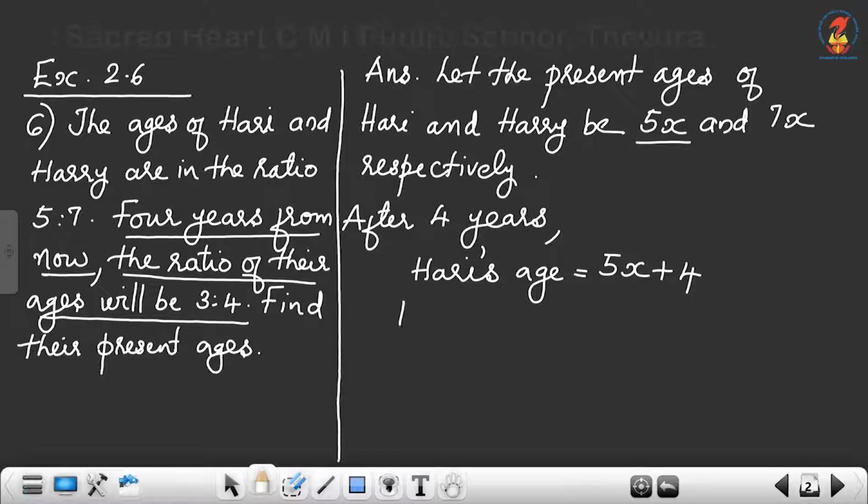Then similarly, the other Hari's present age is 7x, then after 4 years, it will be 7x plus 4.